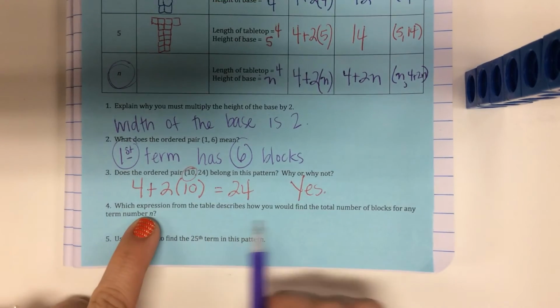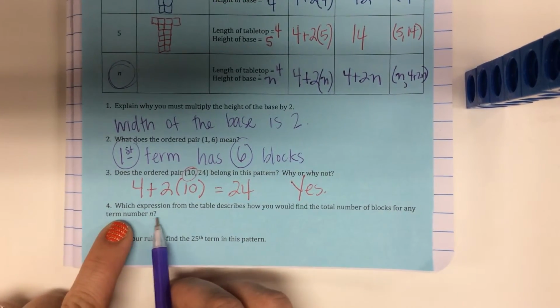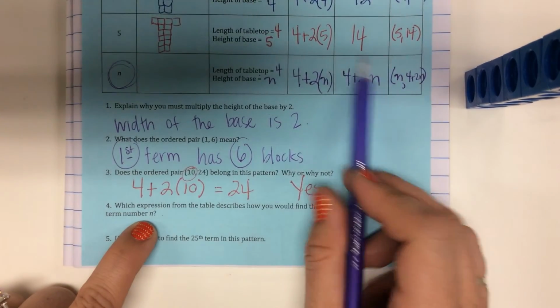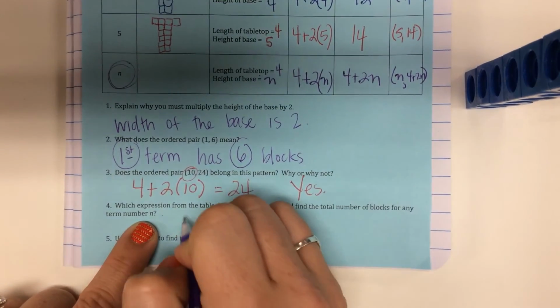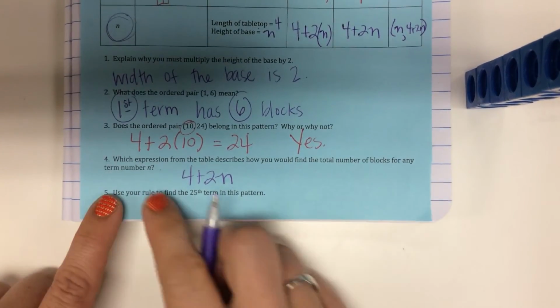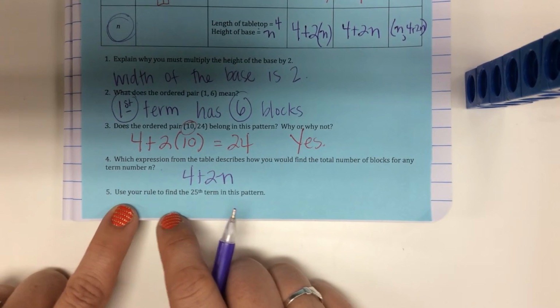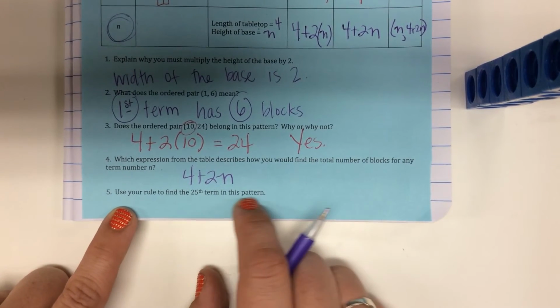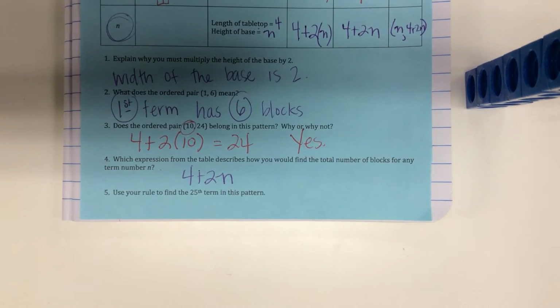Which expression shows the number of blocks for any term n? Well, duh. It's the one with the n in it. And last but not least, use your rule to find the 25th term. So how do I figure out what the 25th term is? Braden said make a table. Do you want to make a table 25 things long?